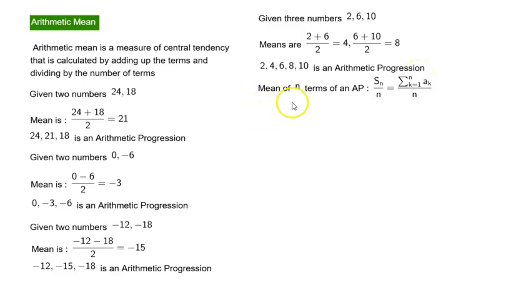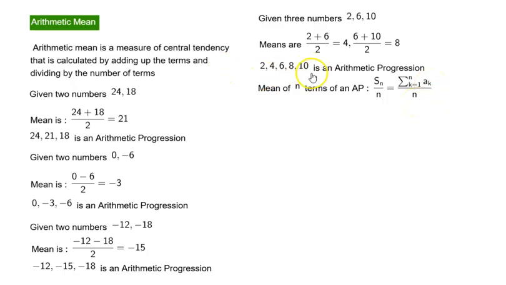In general, the mean of n terms of an arithmetic progression, as we have seen, is the sum of the terms divided by the number of terms. So S sub n, the series up to n, divided by the number of terms, is equal to the summation from k equal to 1 to n of a sub k divided by n.